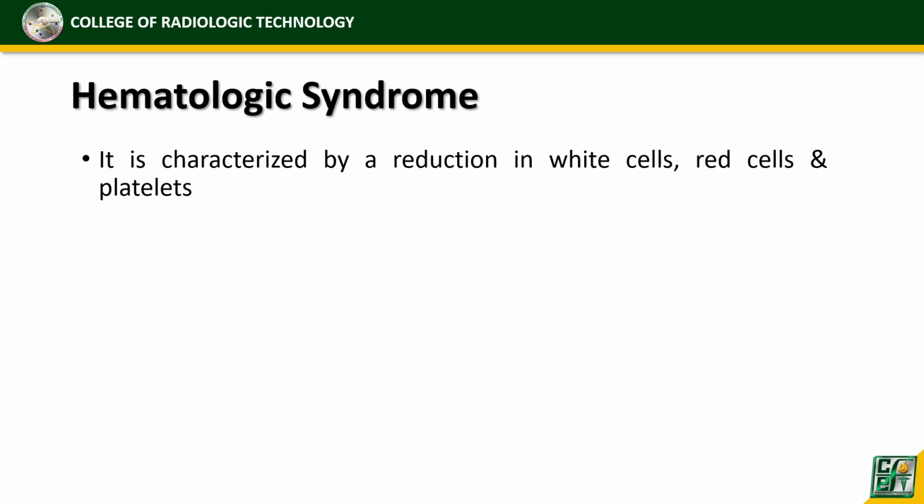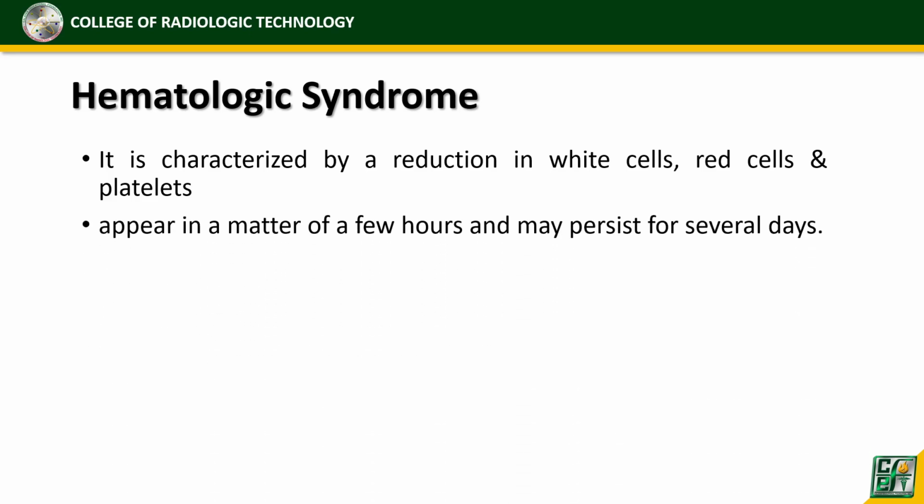Dahil we receive certain radiation dose that can lead to the death of these cells. So the radiation dose can lead to the death of the blood cells. Appear in a matter of few hours to several days.